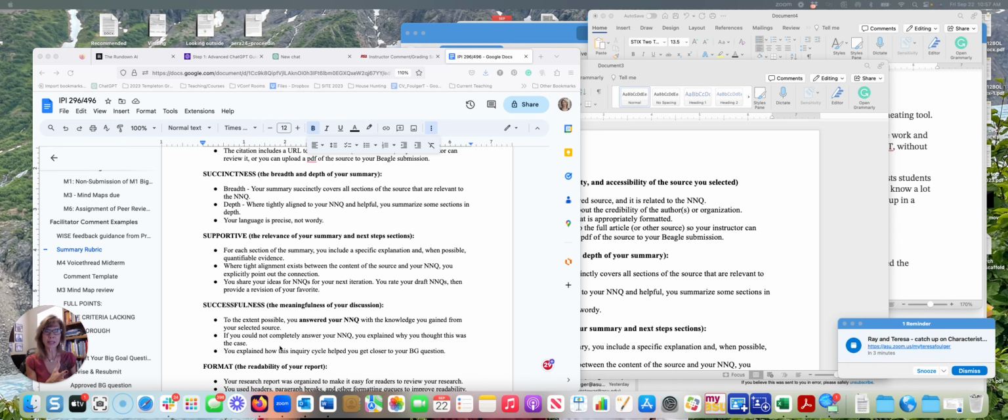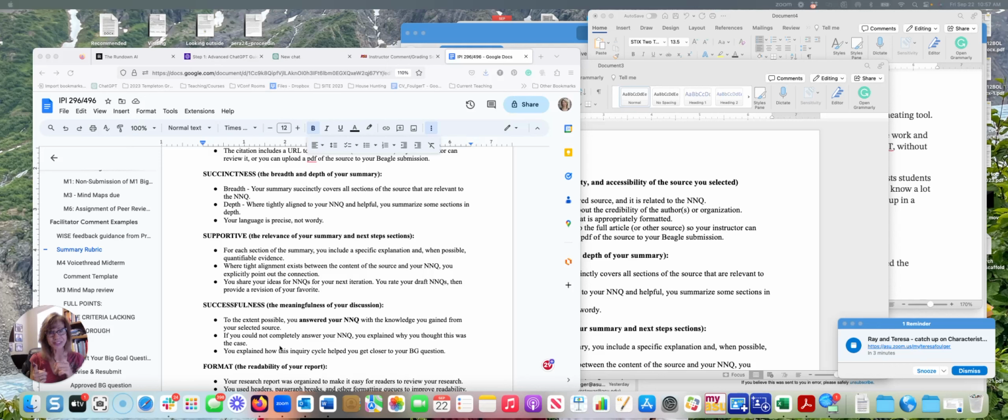So, for example, as you're writing your summaries for this product, I'm curious if generative artificial intelligence might be helpful in being used as sort of a collaborative partner to give you ideas and suggestions and feedback.